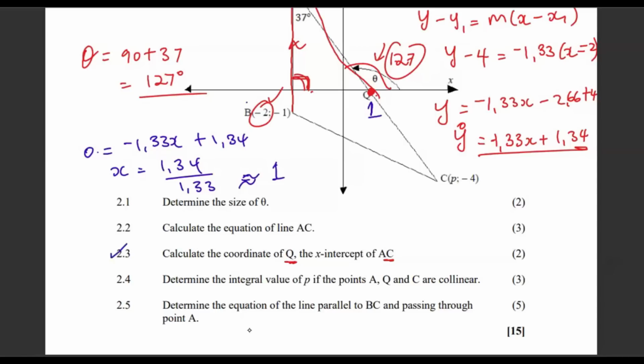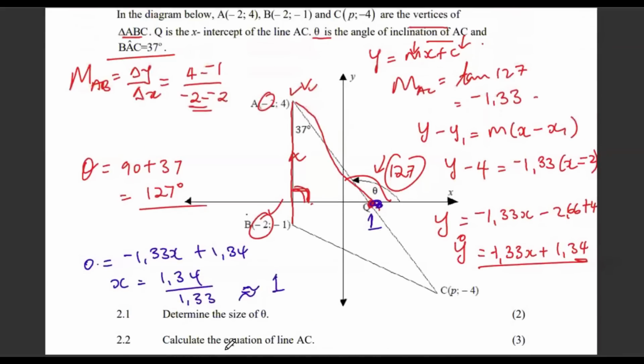Okay. Then determine the value of P if A, Q, and C are collinear. So when points are collinear, it simply means that the points lie on the same straight line. Okay. So if they're lying on the same straight line, there is just one aspect that connects collinear points, and that is the gradient.